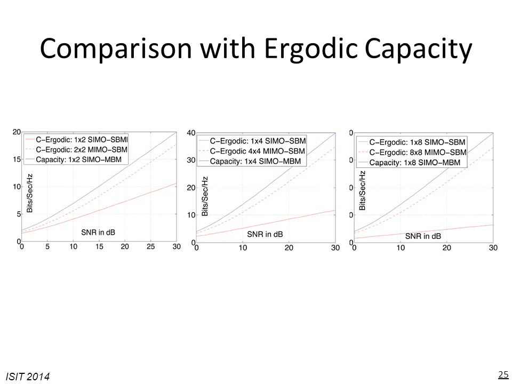The curves from left to right correspond to different numbers of receive antennas: 2, 4, and 8. The blue curve is the capacity of a 1 by K, single input, multiple output, media-based modulation: 1 by 2 SIMO MBM, 1 by 4 SIMO MBM in the middle curve, and 1 by 8 SIMO MBM on the right-hand side.